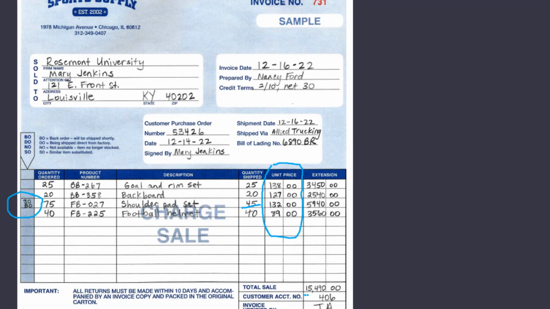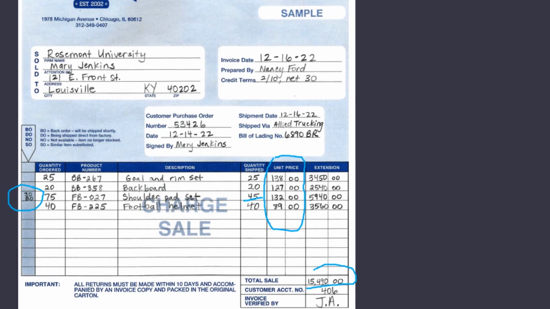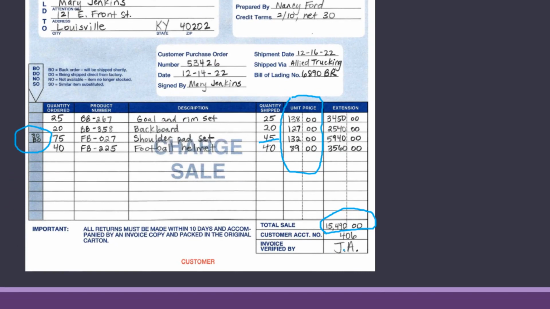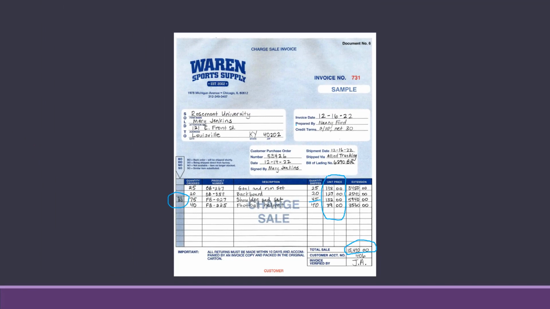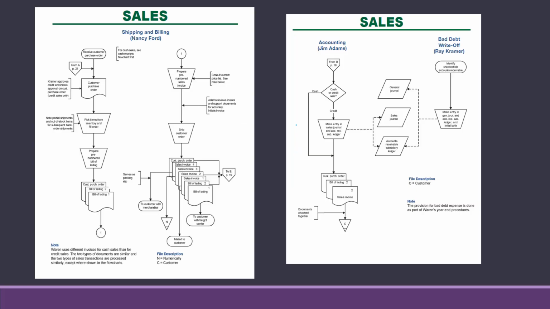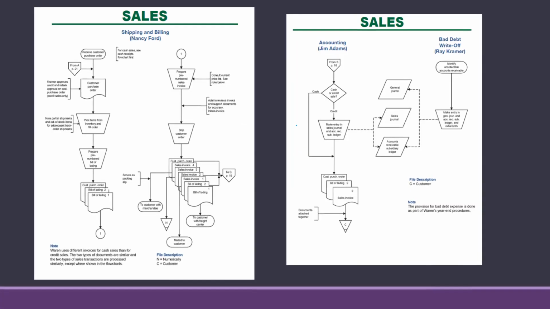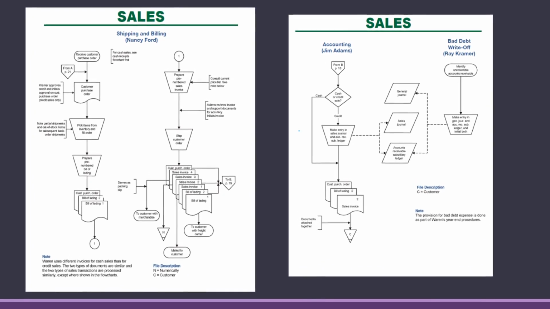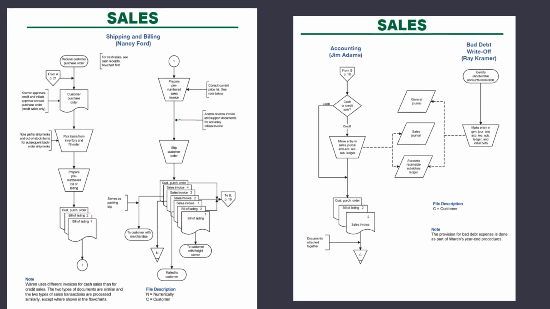So the total would be 15,480. And Jim Adams, remember, has to approve it, review it and initial on this invoice. So that's this part of the transaction.